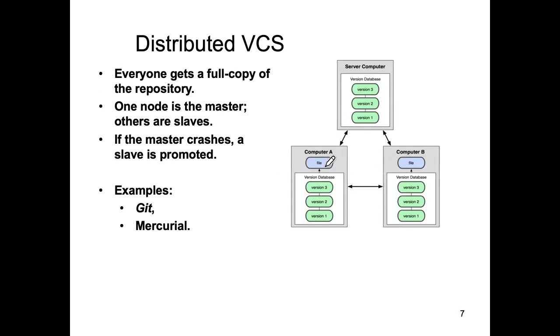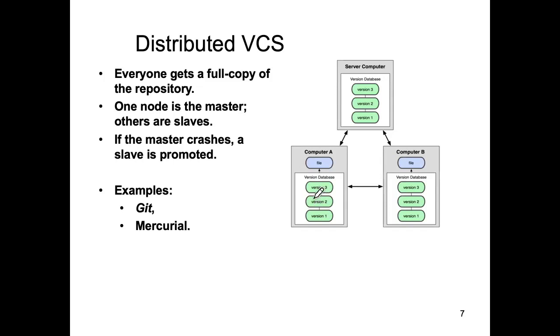If the person working on this machine makes some changes, they don't make edits to the repository directly. They still have to check out or get a copy of some part of the repository, do the editing, and then commit that locally to their local repository.